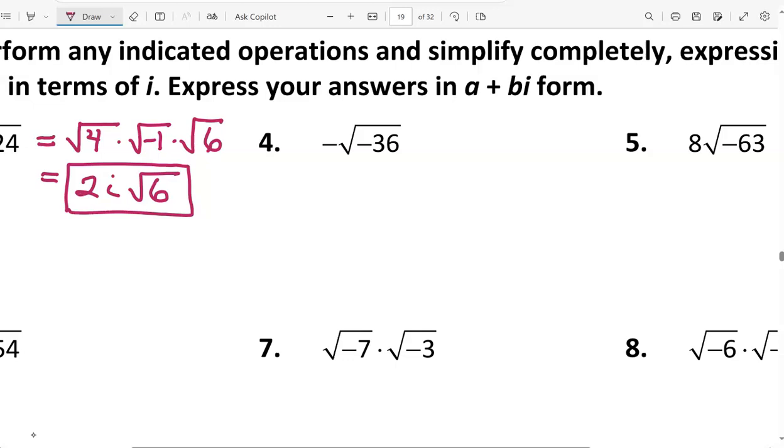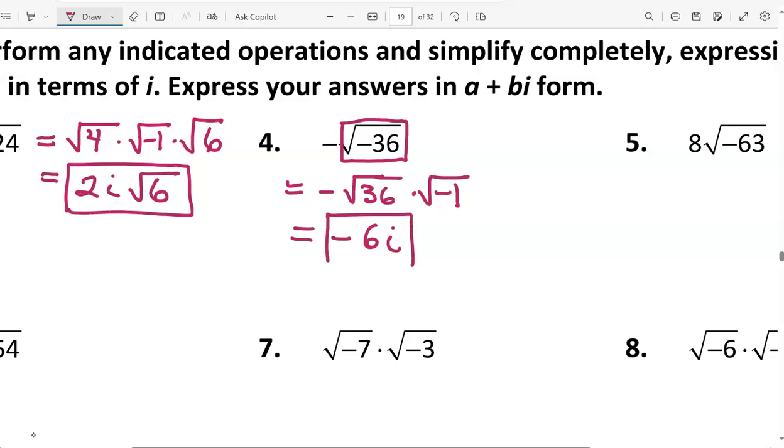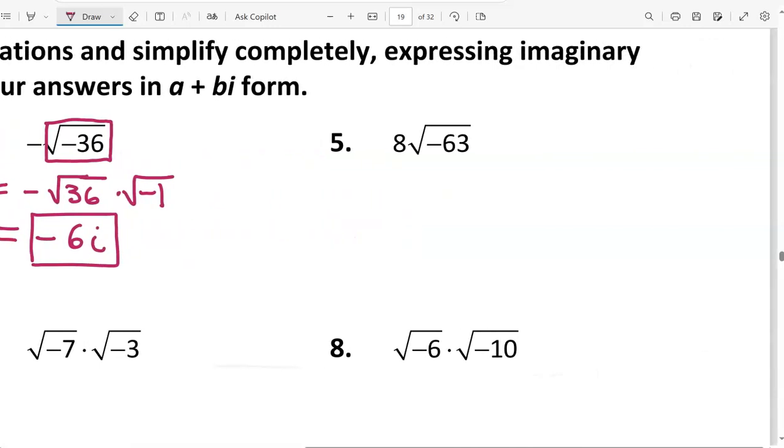In number 4, we're going to work on the radical first. The square root of -36 is the square root of 36, that's a perfect square, times the square root of -1, and the square root of 36 is 6, and the square root of -1 is i, so that's -6i.